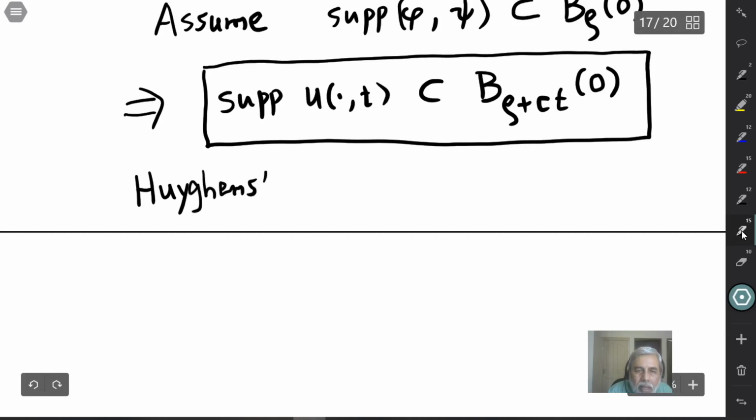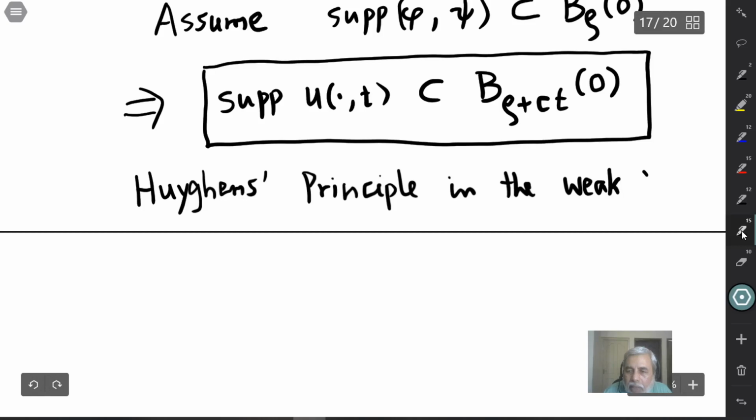In the weak form, as we see a little later, this persists in all even dimensional cases.